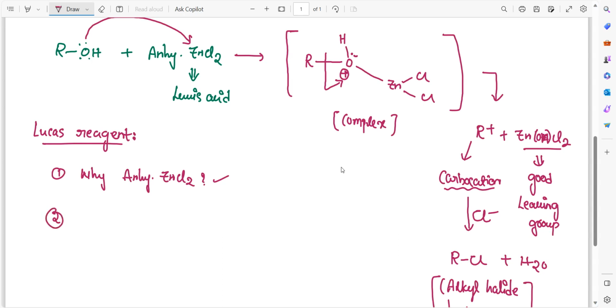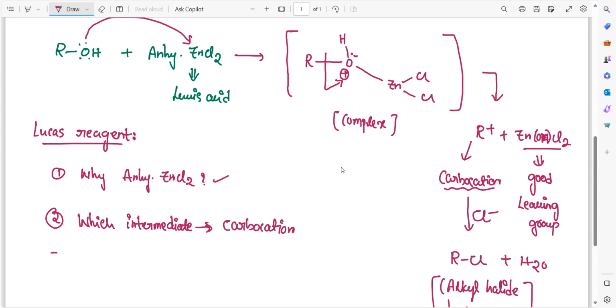Which intermediate is formed in Lucas reagent? We absolutely know that the intermediate formed is a carbocation.